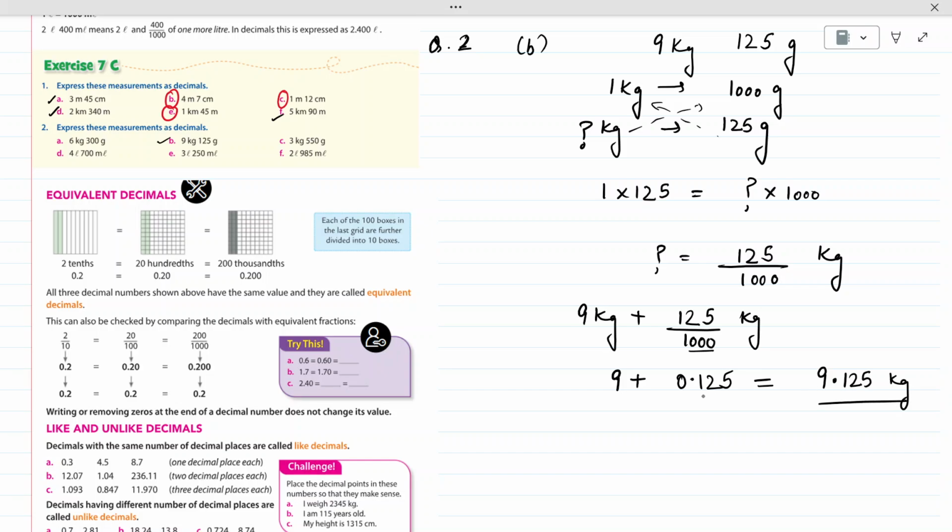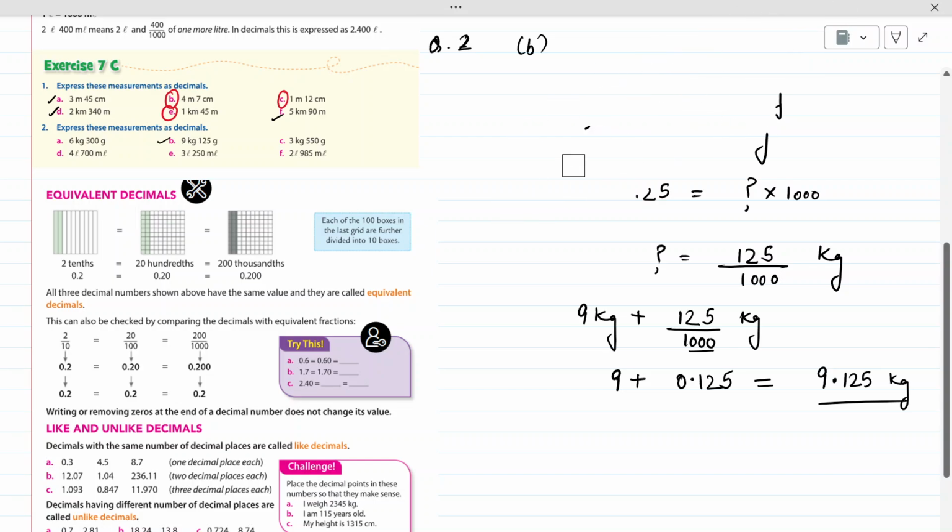So this is how we have to do this. So kids, you have to remember the formulas so that you can do the conversions properly and then add the figures to get the decimal values.